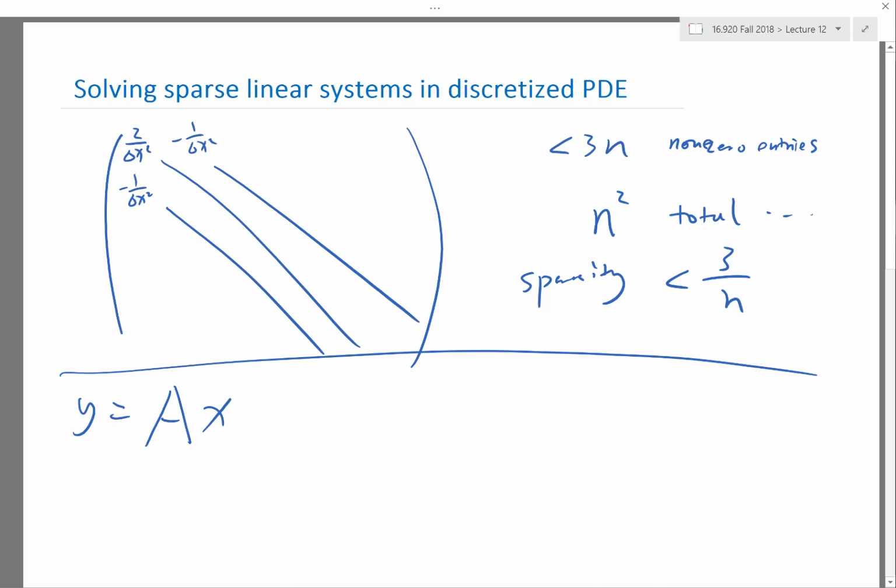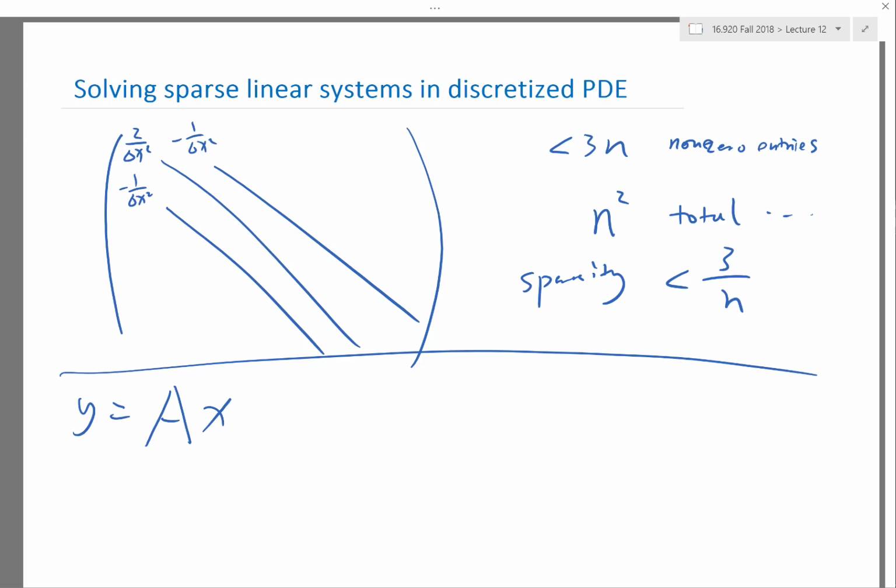If you don't take advantage of sparsity, how many operations do you have to do? N squared, right? You have basically traversed every entry of the matrix. But if you do take advantage of the sparsity, it's an order n operation. If you know in advance where the non-zero entries are, you only have to go through those entries, and therefore you get a great speed up, especially when n is large.